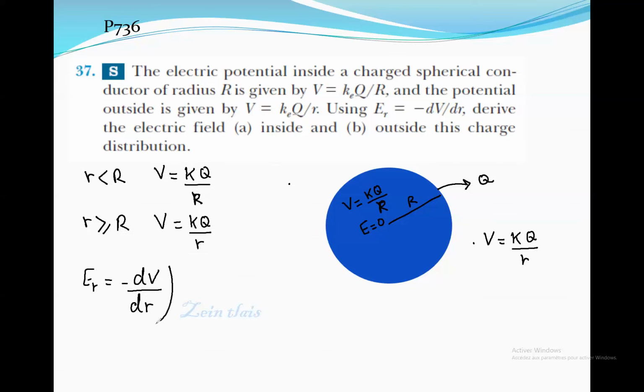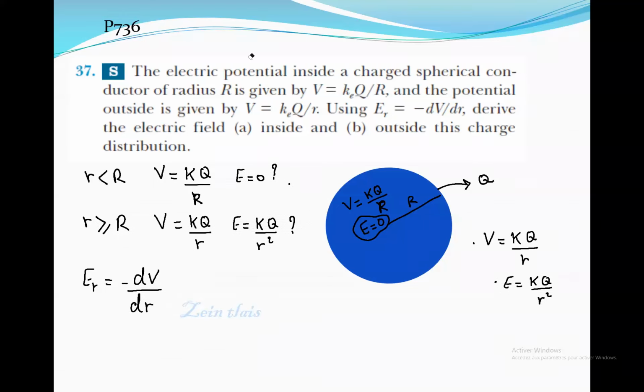I have to use this relation to find that E inside the conducting object equals 0, and E outside, here, equals KQ divided by r square. So I have to find E equals 0 and E equals KQ divided by r square by using this relation.